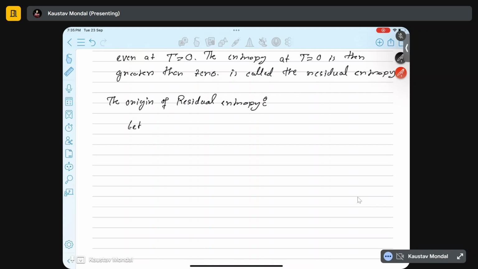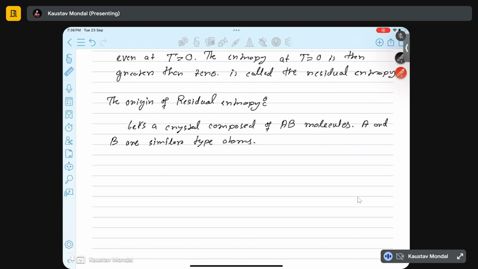Let's say a crystal composed of AB molecules. Okay. Now let's say A and B are similar type atoms.